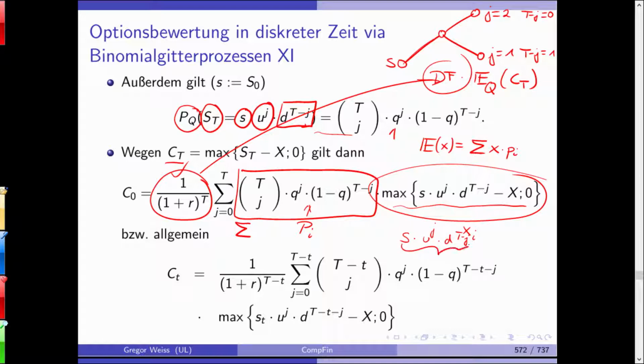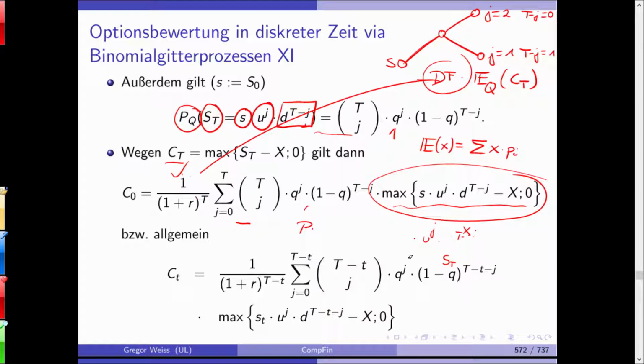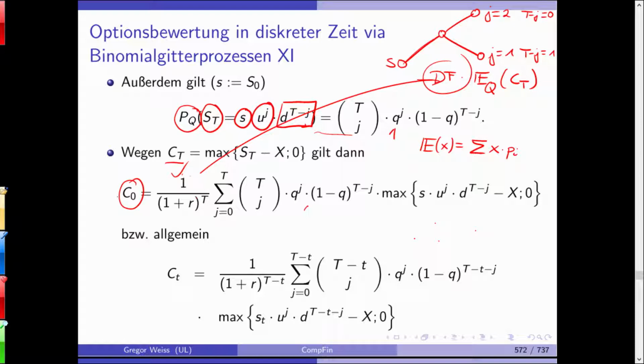So this here is ST. So in the end, we'll get the option price with risk-neutral pricing as the discounted, at the risk-free rate, expected value of all future payouts of the option.